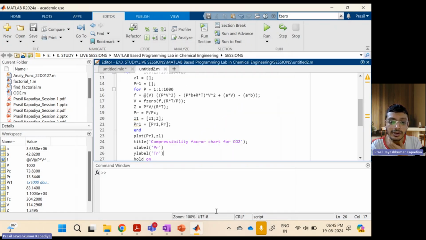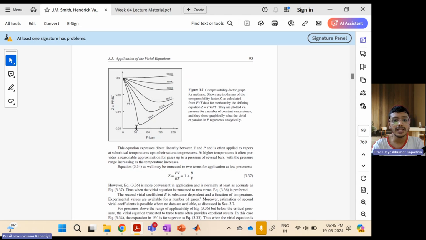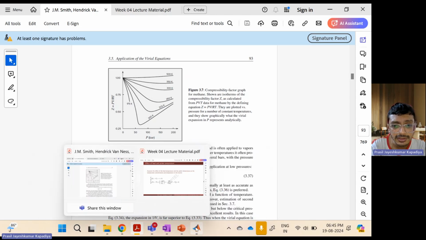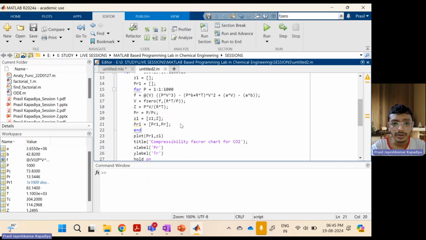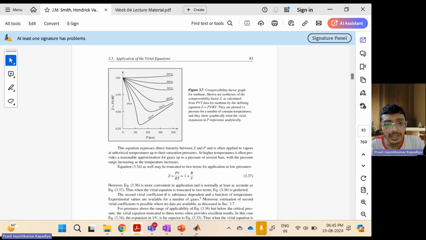Let's try to do this for methane gas at these particular temperatures. So my temperatures are 175, 200, 225, 250, 300, 350, 500.